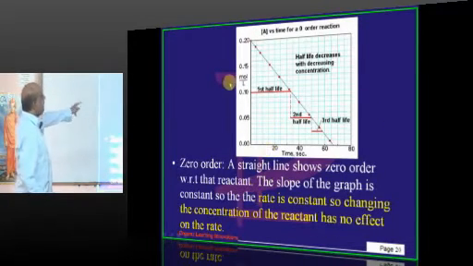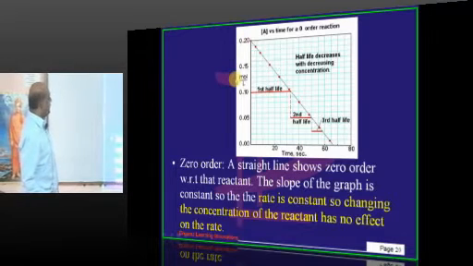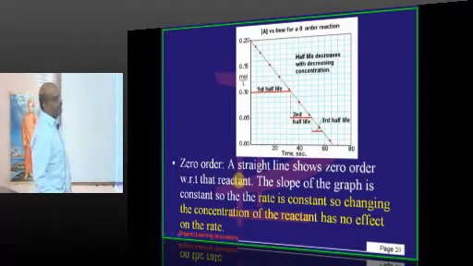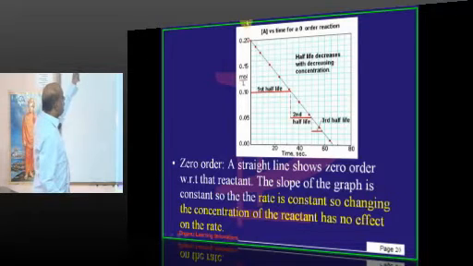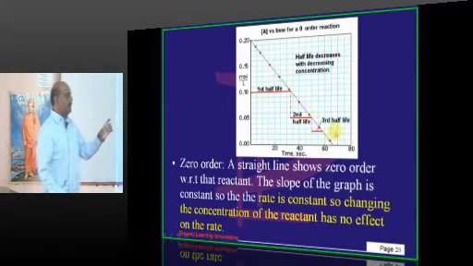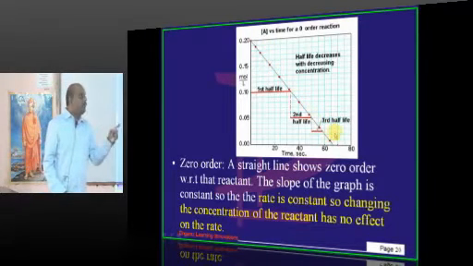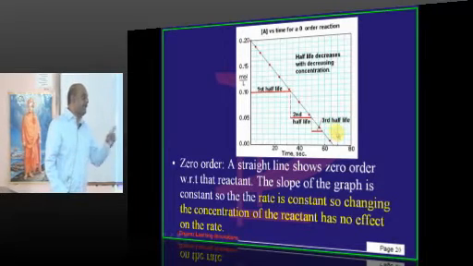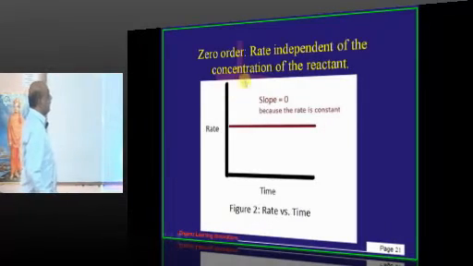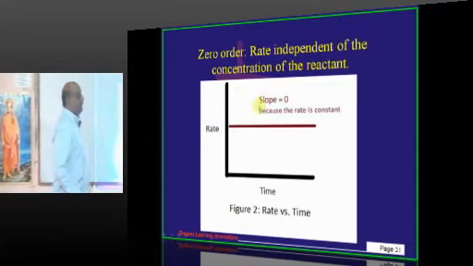If you plot the time against the concentration, what kind of graph are you getting? A straight line, and the slope of this graph is constant, so the amount of drug eliminated is a constant amount rather than a proportion in zero order, which needs to be remembered.